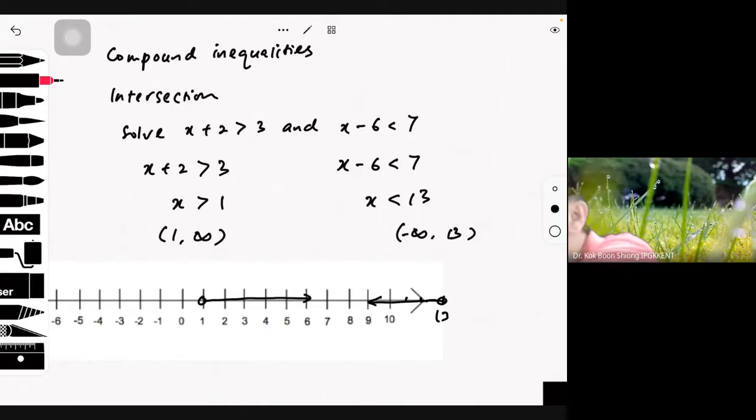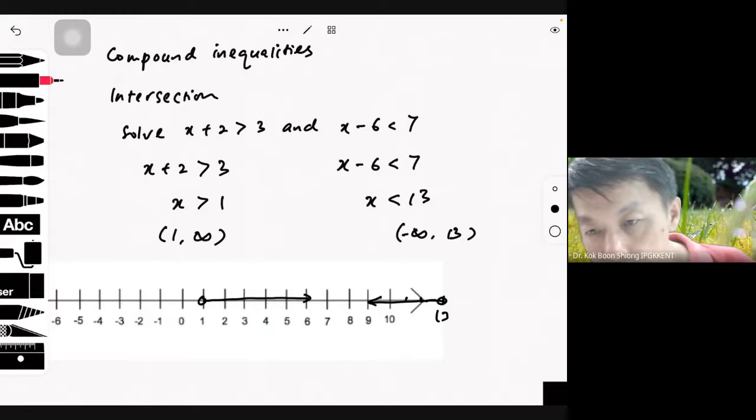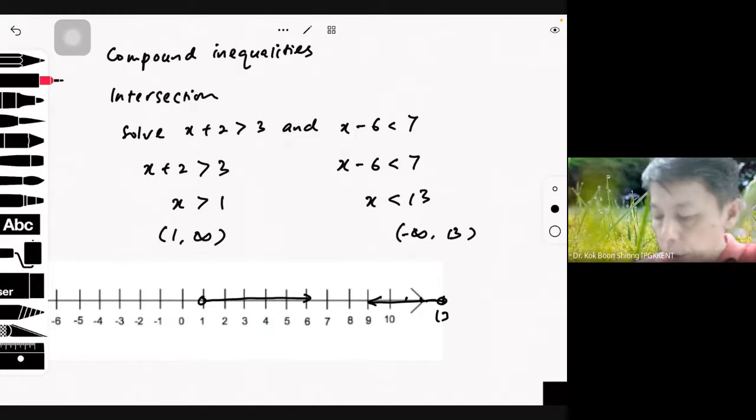Okay, so where is the answer? What is the final answer? Now remember we want to put it in a range.